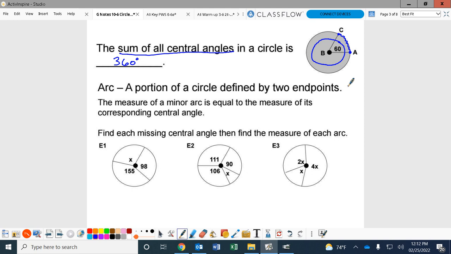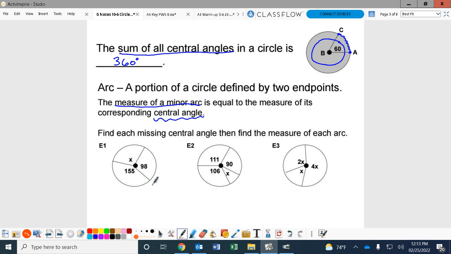So we're going to use that to find the measure of minor arcs using the central angles. Whatever the arc is, the central angle is going to be the same. Whatever the central angle is, the arc is going to be the same. If you know one, you know the other. So we're going to use the math down here on our circles to find the missing angle first, and then we're going to find all of the arcs.